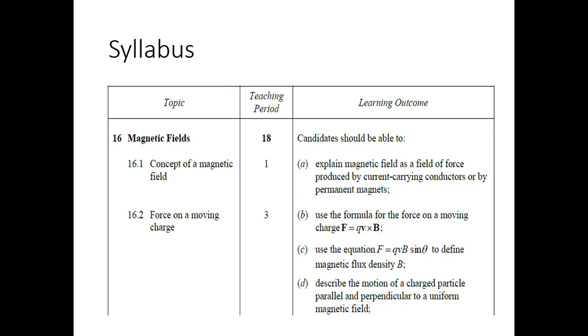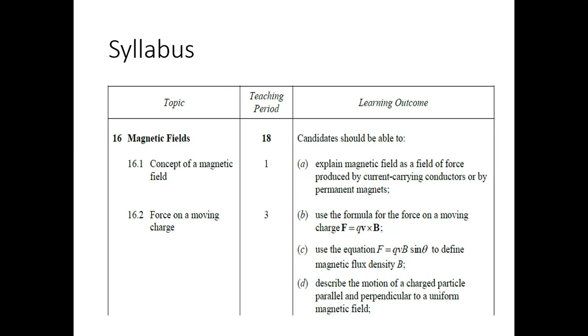Oh, I mean this learning outcome and the past year paper. Learning outcome is very broad. It tells you: explain magnetic field as a field of force produced by current carrying conductor or by permanent magnet. That's all. So you don't know how wide they want you to cover. So that's why you have to go to past year paper and work through, then you realize how much depth they want.